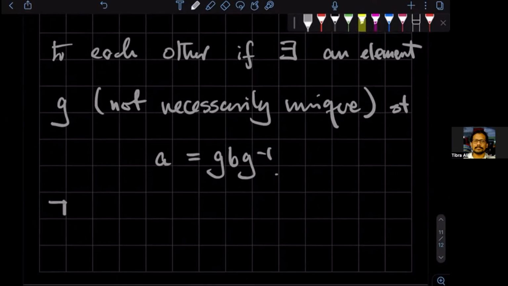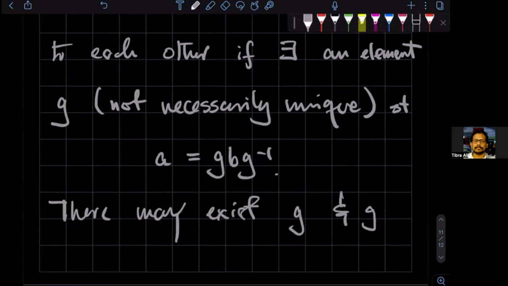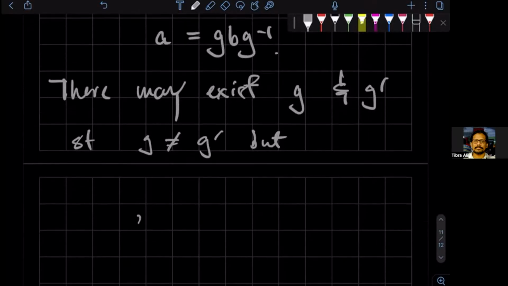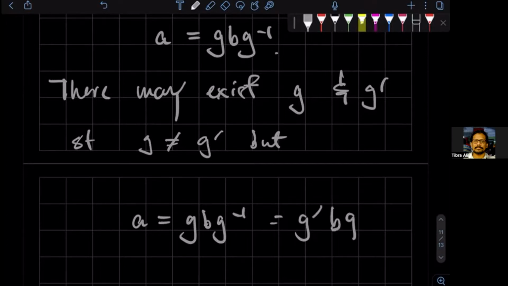Okay, there may exist, and a lot of time it does, G and G prime such that G is not equal to G prime, but A equals G B G inverse as well as G prime B G prime inverse.